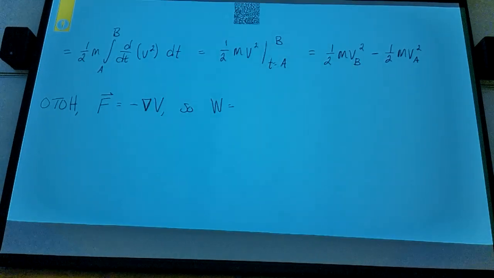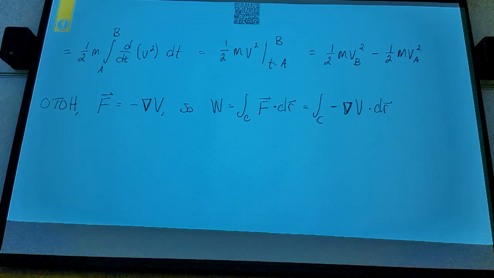On the other hand, F is negative del V. Means F is conservative.